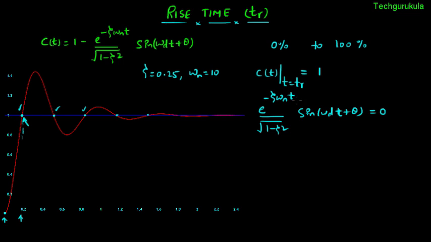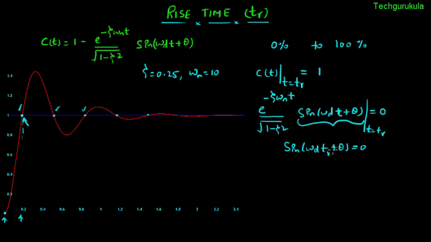So for a finite value of t, this exponential term can never be 0, which means there is a possibility of sine to be 0. So we can rewrite this expression saying actually the sine term can be 0, not the exponential, for a finite value of t, which is for t equal to tr.